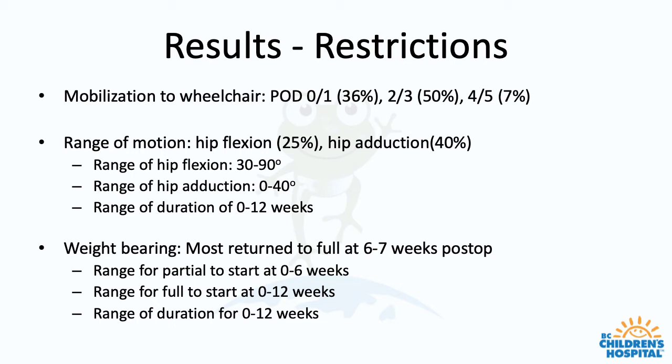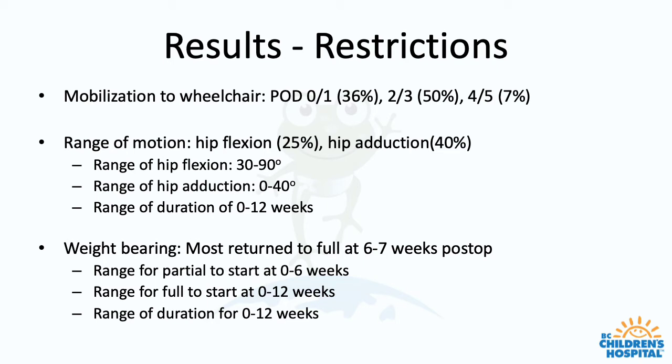With regards to postoperative restrictions, 50% of surgeons stated that they would likely have patients begin to mobilize to wheelchair by approximately post-op day 2 or 3. Range of motion was restricted in hip flexion by 25% of surgeons and in hip adduction by 40% of surgeons.